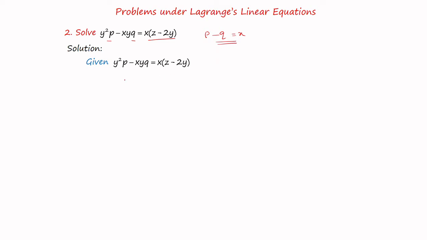Okay. Now, this is of the form Pp plus Qq is equal to R. That is Lagrange's linear equation. Now, we have to write P and Q and R values.